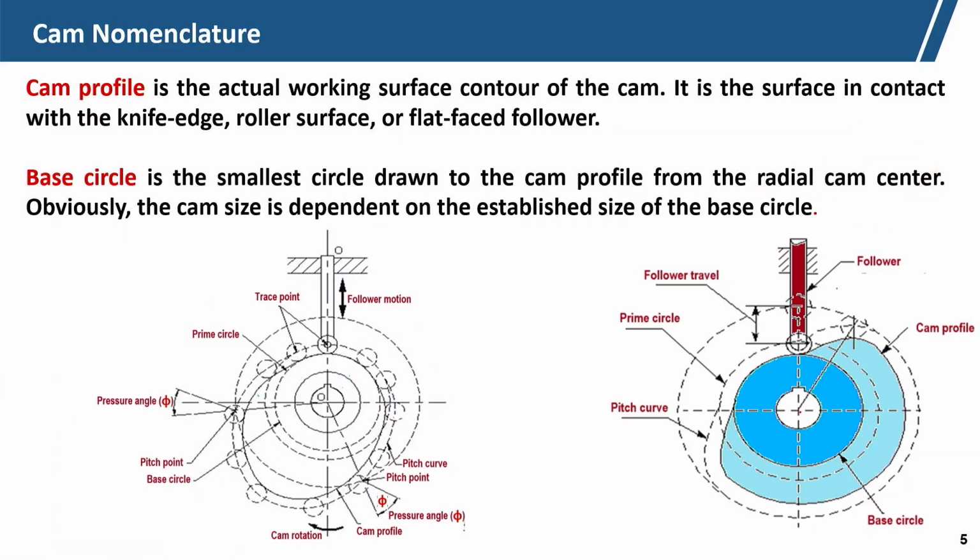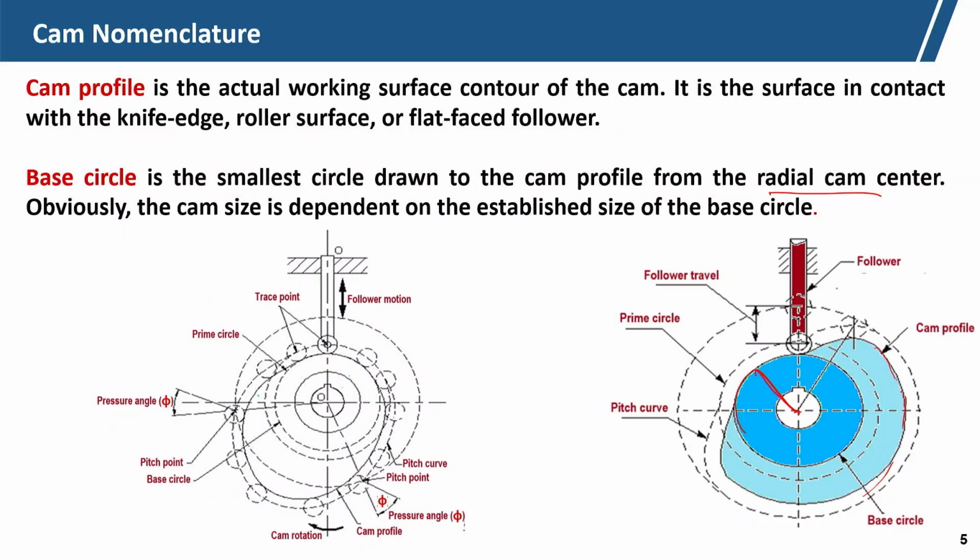With the cam profile, the smallest radius we can draw. We can draw many such circles, with different profiles we can draw different circles, but the minimum, smallest circle is known as the base circle.